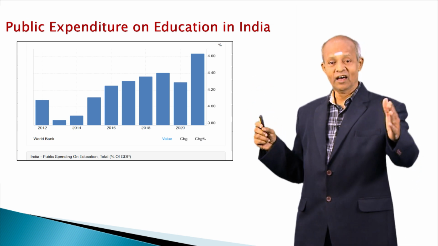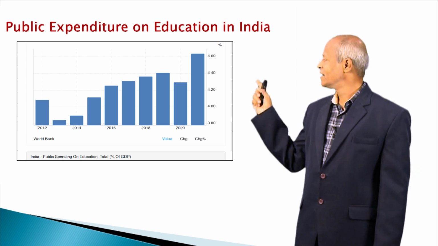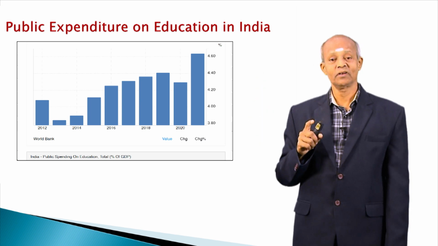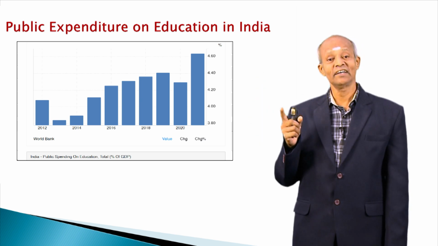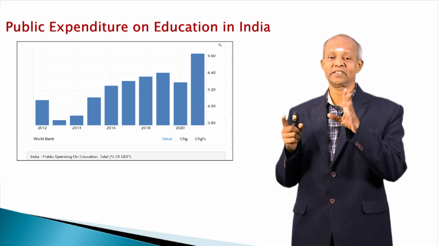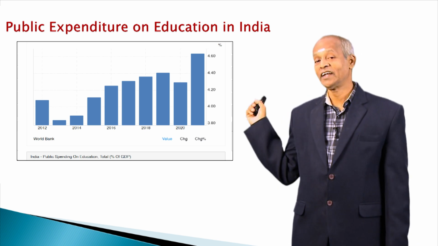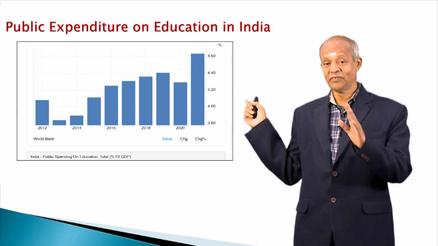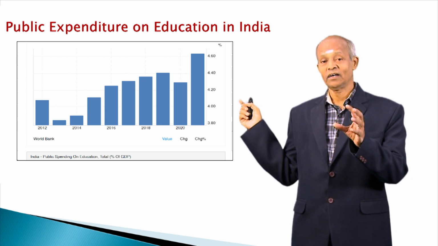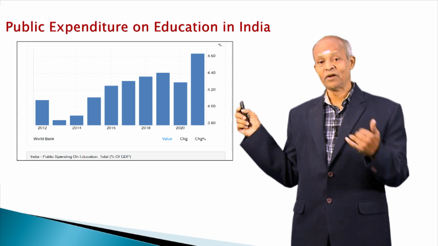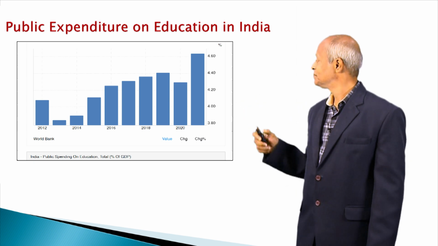That means, in the last decade we have hardly reached 4.64, but what is suggested is at least 6%. So, now you can understand the difference, the lacunae in the education system.